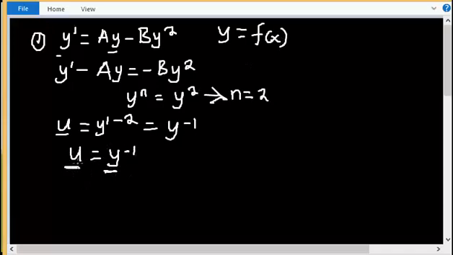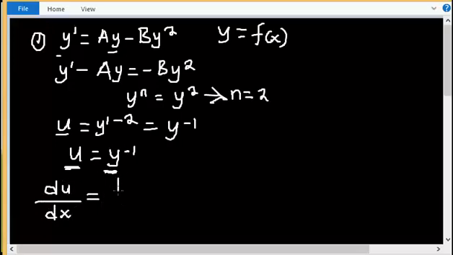In calculus, in differentiation, such a function is known as a function of a function. When u is a function of y and this y also is a function of x, we call such a function of a function. This simply means that if I want to differentiate u with respect to x, I'm going to apply the chain rule, if you can still remember it.